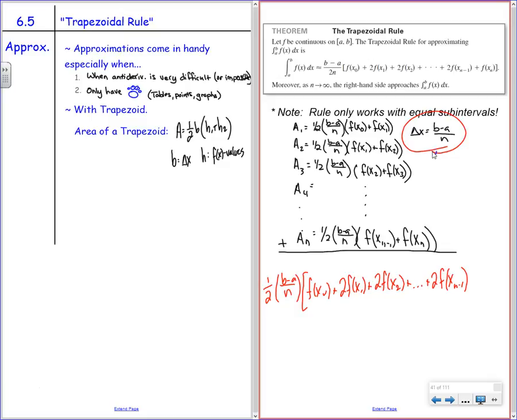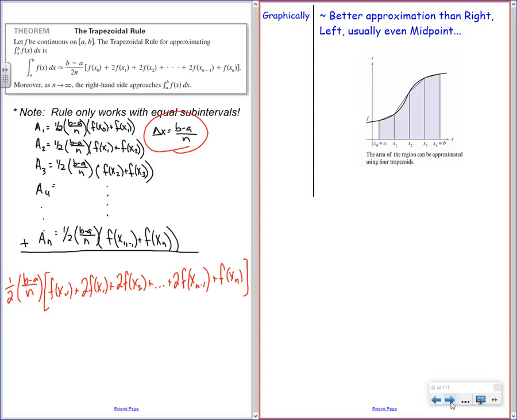Why is there a 2 in the rule? I don't understand. I'll show you with the picture. Because with trapezoids, you have to use both heights to connect. So this first one is only used in the very first trapezoid, but the second y value is used not only in the first trapezoid, but also in the second.